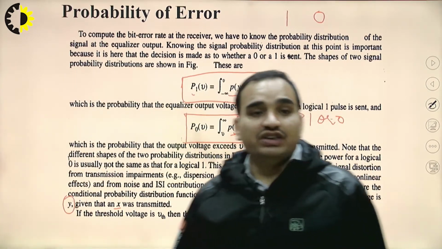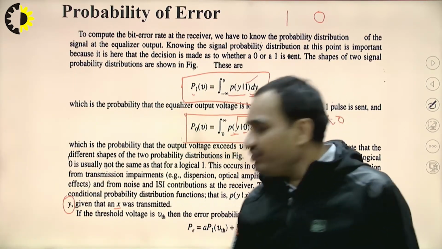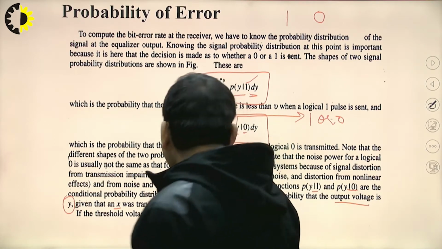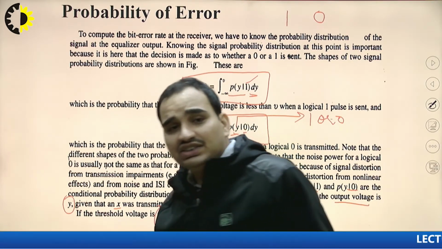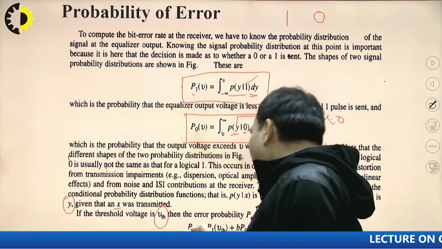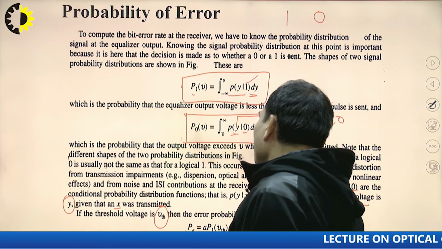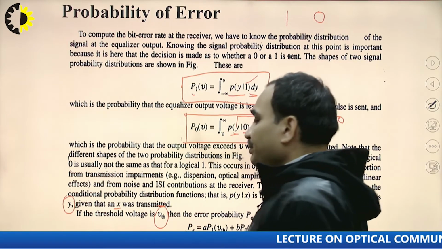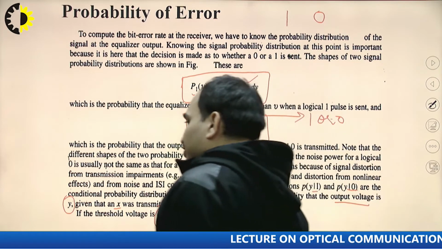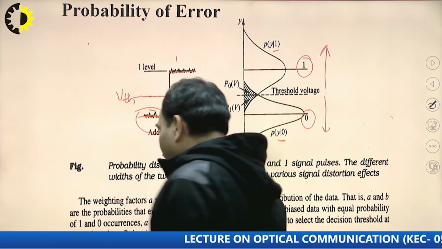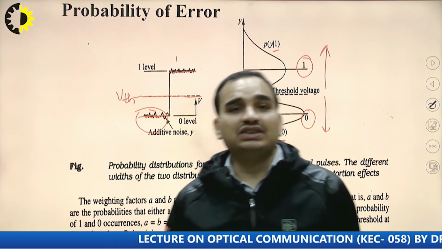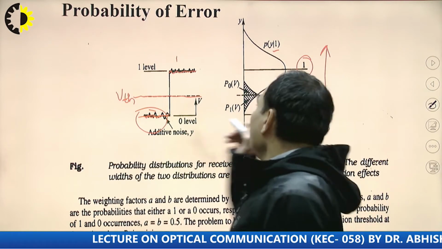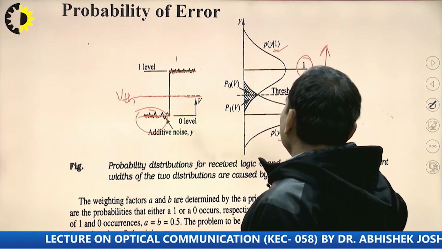If the threshold voltage is VTH, then the error probability PE is defined as A times P1(VTH) plus B times P0(VTH). We have covered this, that is the distribution for 1 and the distribution for 0.